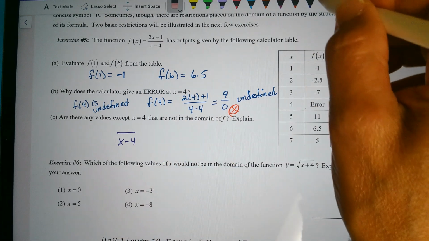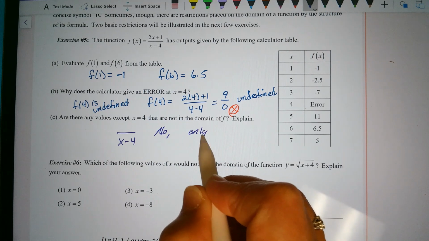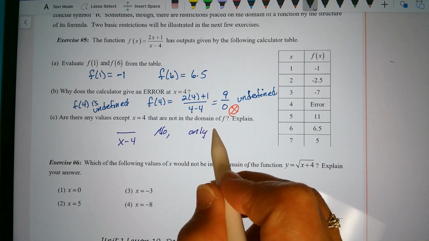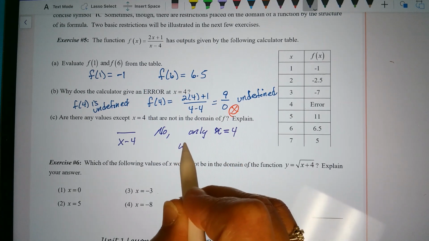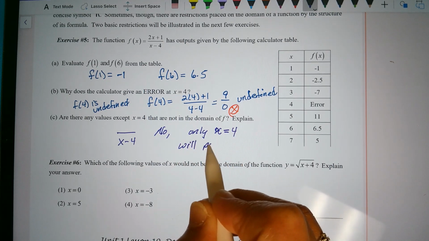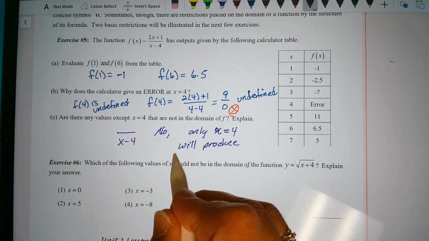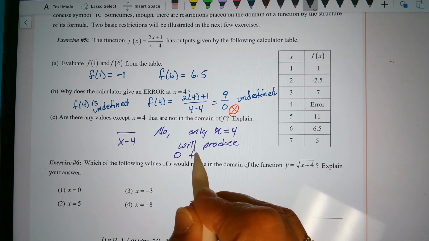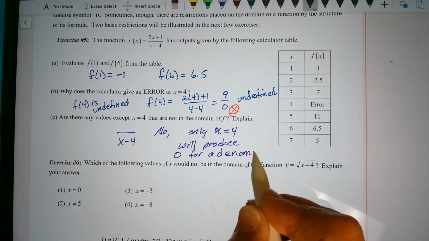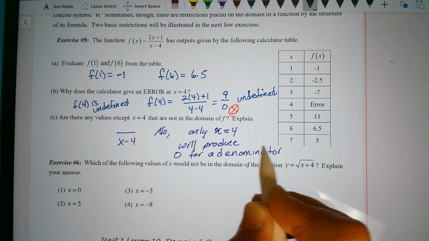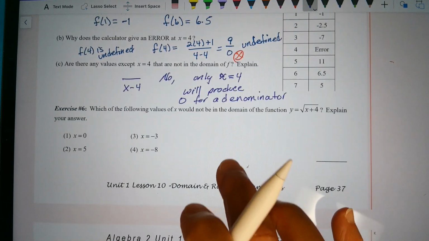No, there aren't any. Only x equals 4 will produce 0 for a denominator, and dividing by 0, or having 0 for a denominator, does not give us a real number.